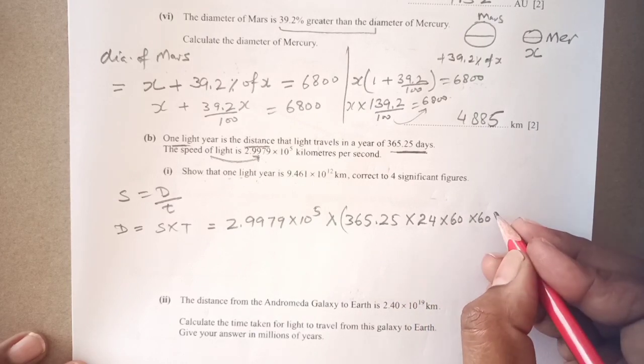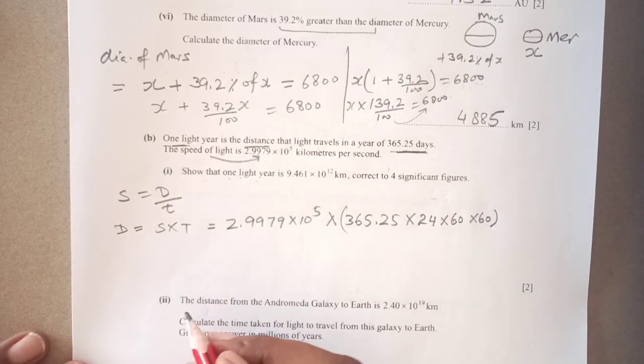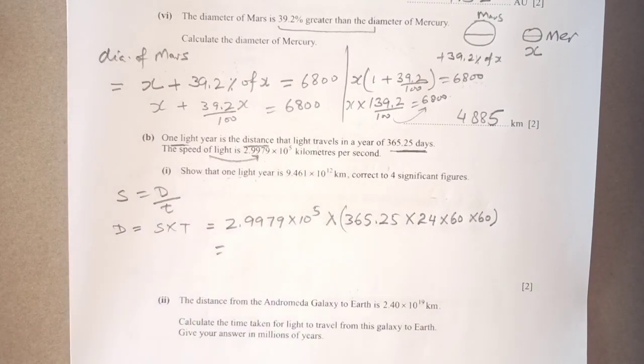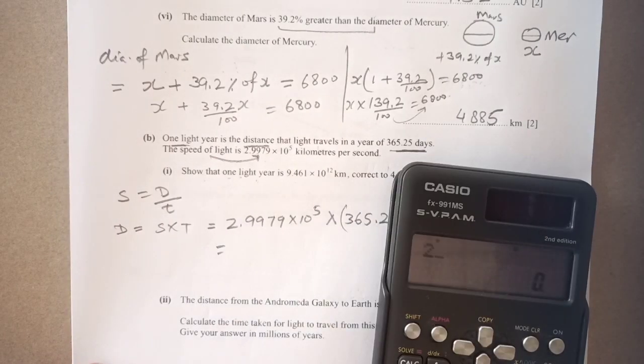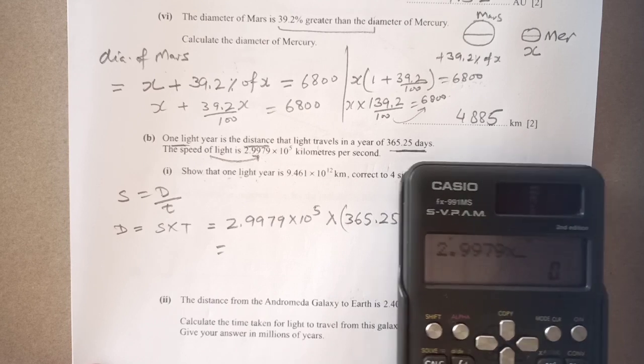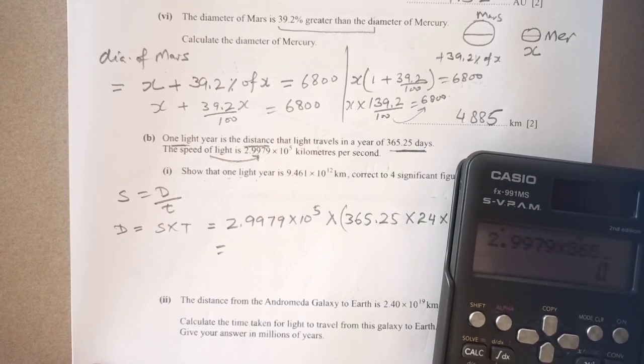So this is how we are going to multiply this. Now once you multiply this, let's see what you are getting here: 2.9979 times 365.25 times 24 times 60 times 60.